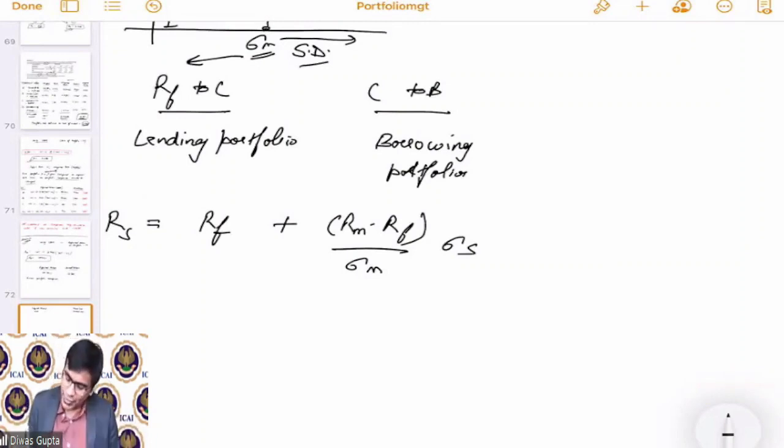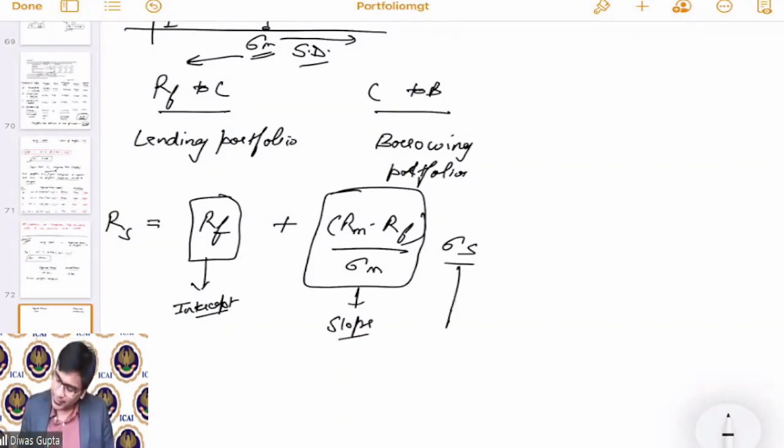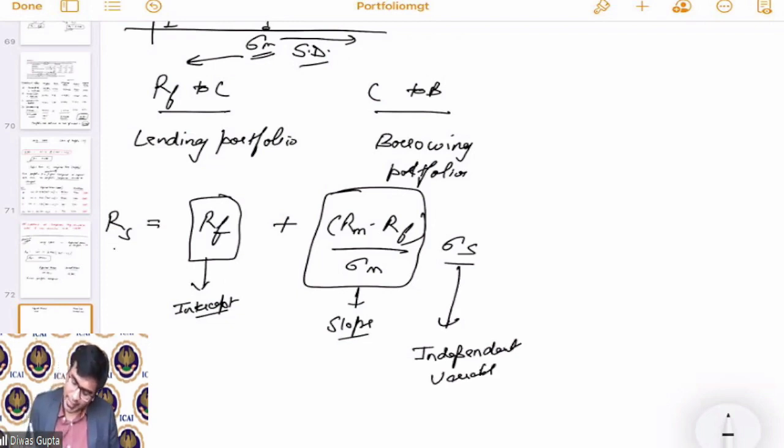What I'm trying to say is that this is the intercept. This is the slope, and this is the standard deviation of that particular security, which is the independent variable. This is the independent variable and this is the dependent variable.